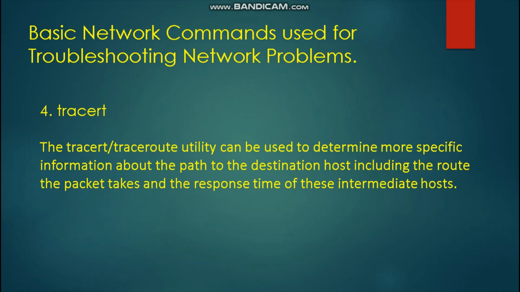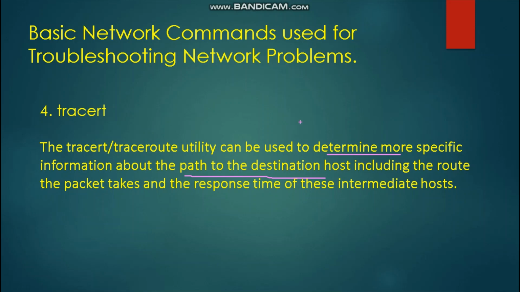By definition, the TRACERT or traceroute utility can be used to determine more specific information about the path to the destination host, including the route the packet takes and the response time of these intermediate hosts. So traceroute is used to determine the path, or the route it takes, to the destination host.